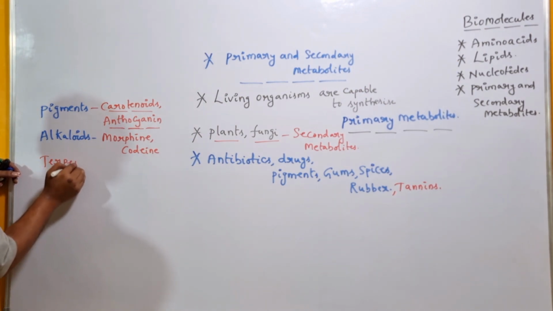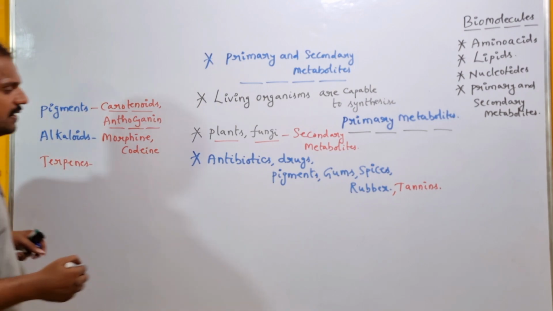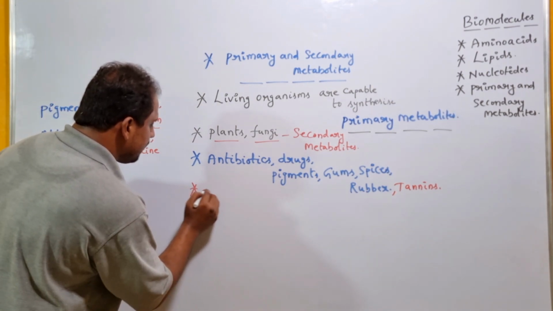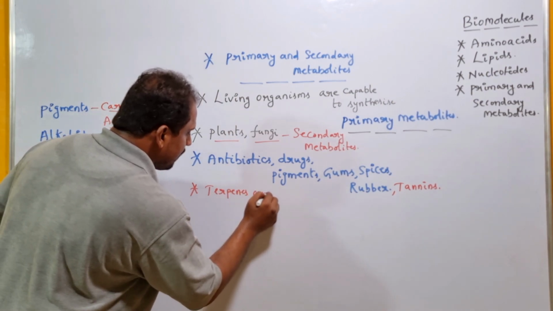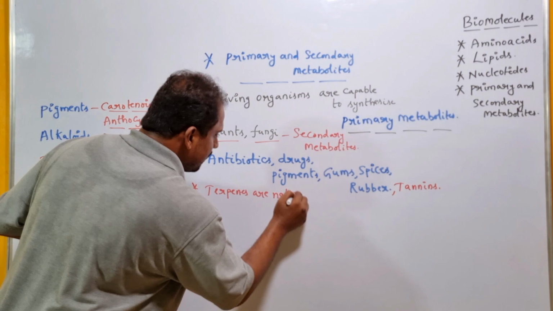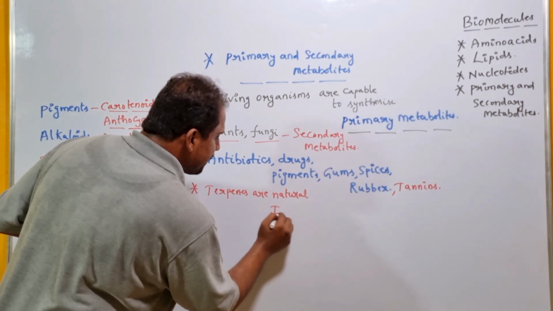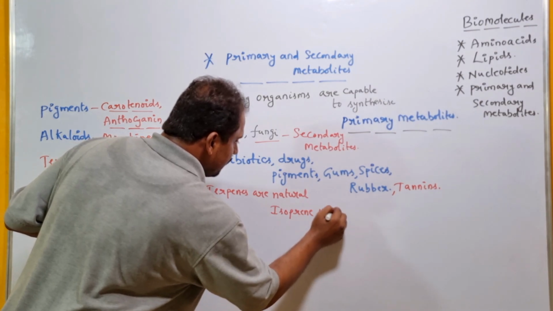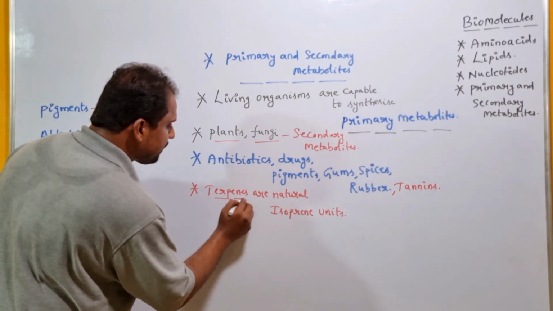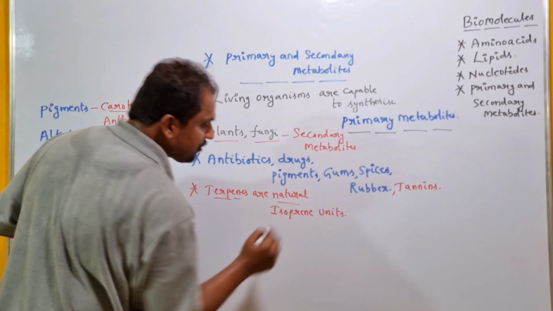Then in the same way, if we consider the terpenes, what are terpenes? Terpenes are natural biological isoprene units, right? So the terpenes are nothing but natural isoprene units.